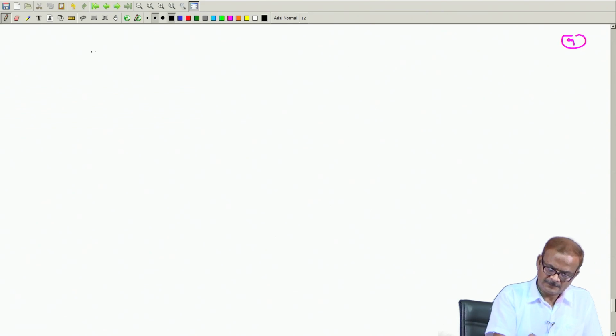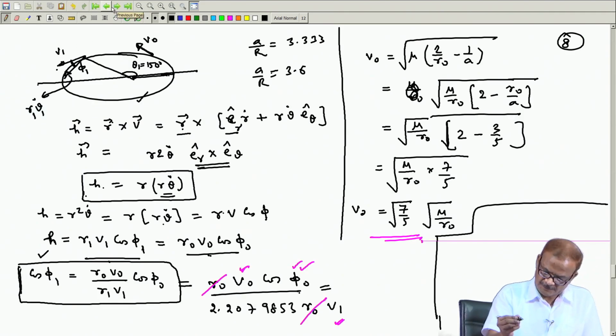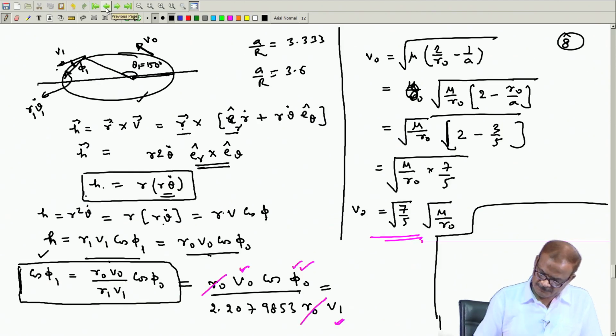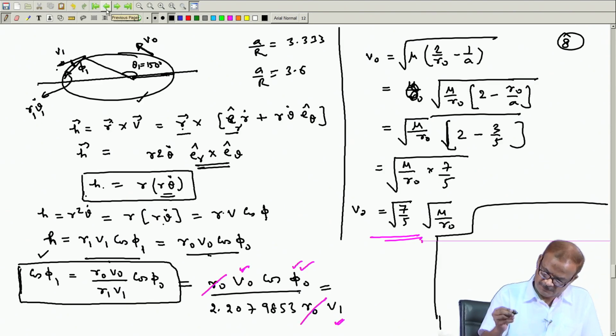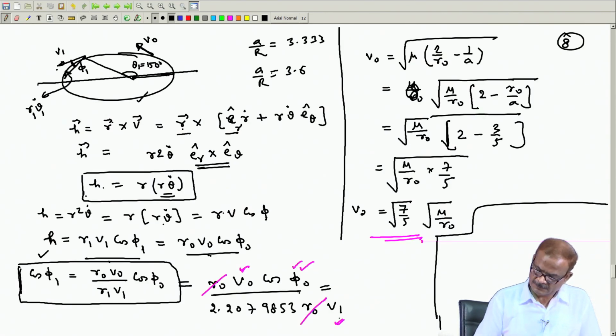So cos phi 1 is written as V 0 cos phi 0 divided by this quantity 2.2079853 times V 1.